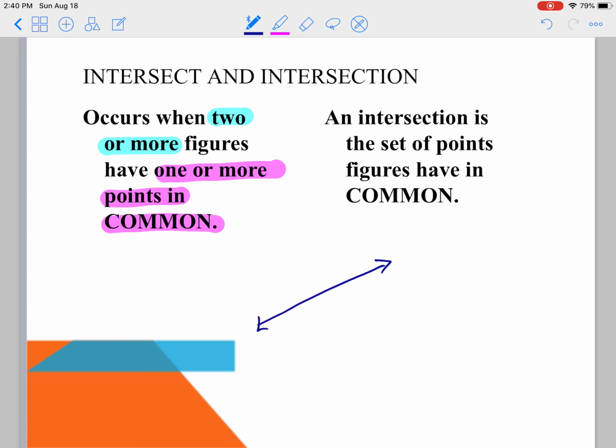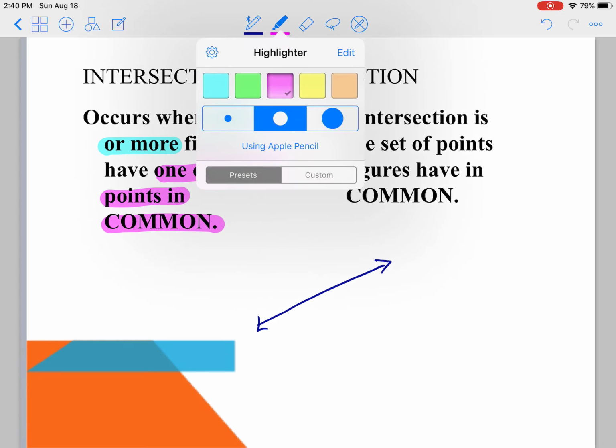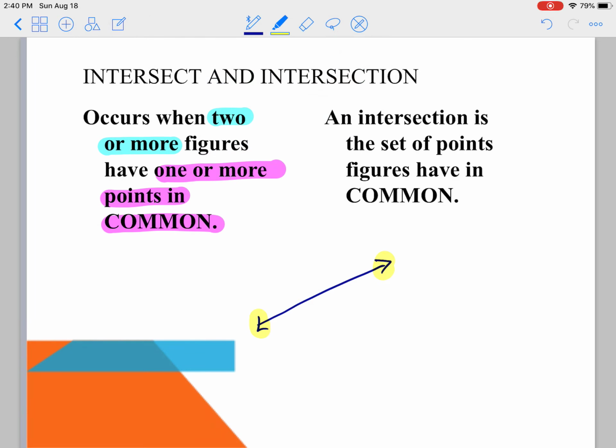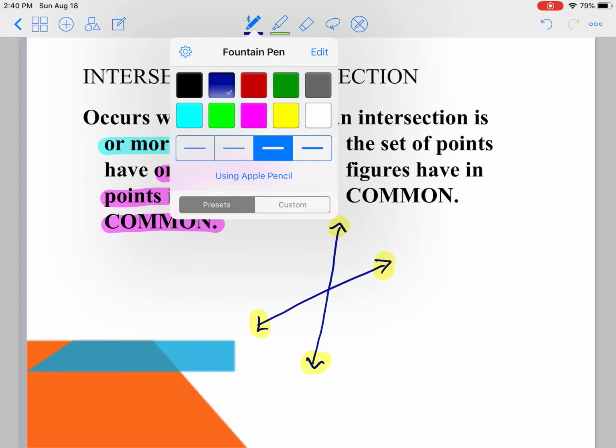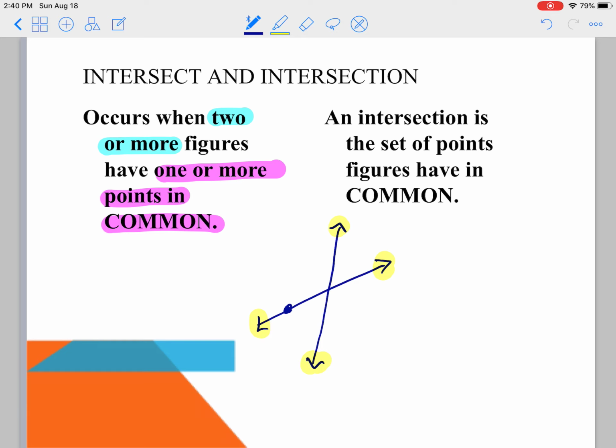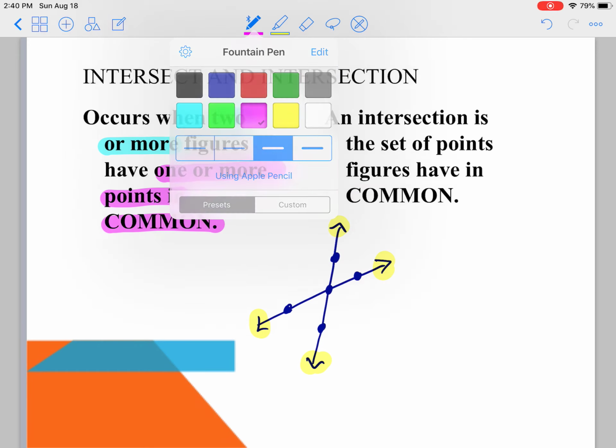So if I have a line, and I know it's a line because I have my arrowheads, and I draw a second line. And I also know it's a line because I have my arrowheads, and on a line we will have points because that is our naming convention.